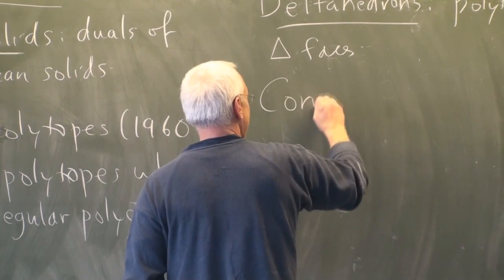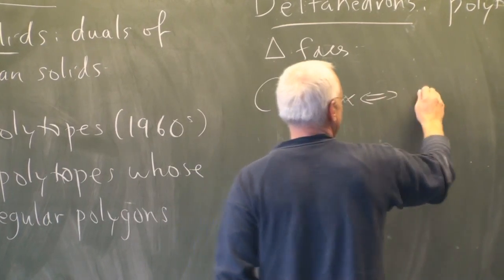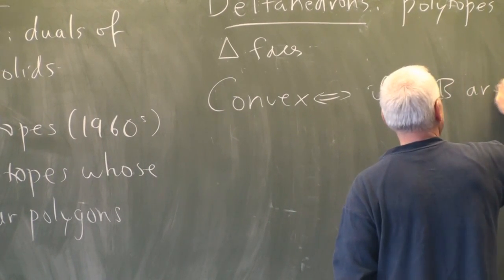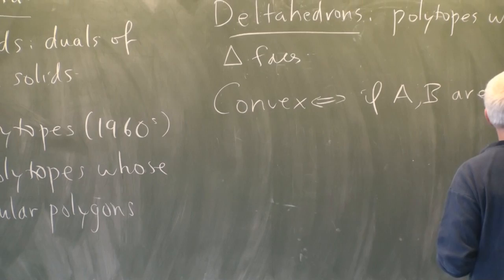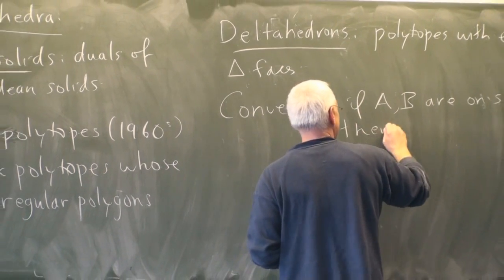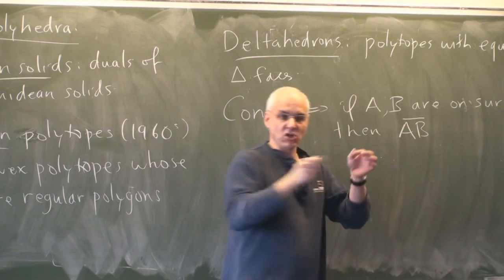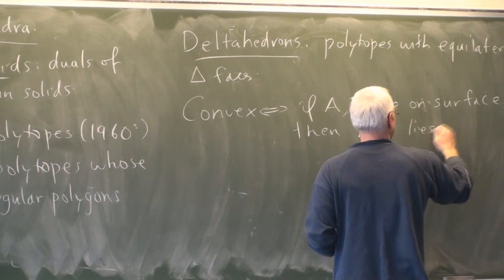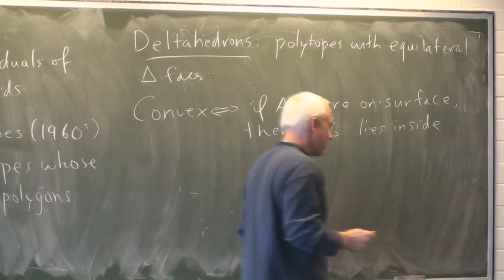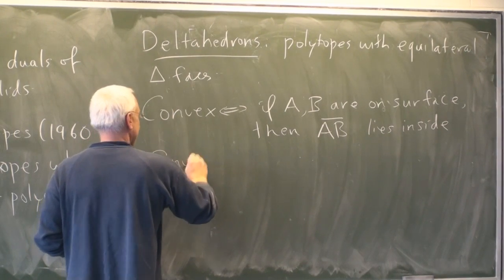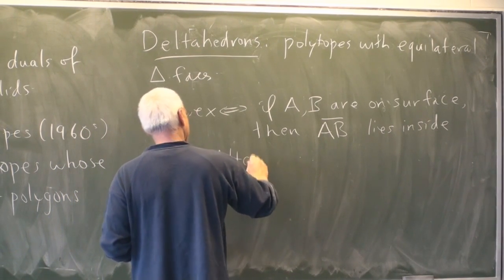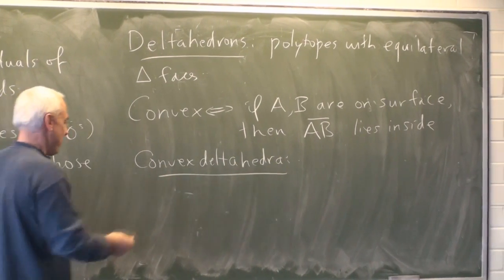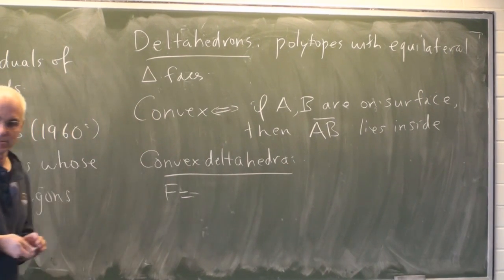I just remind you that convex means that if A and B are on the surface, then the line segment joining AB lies inside the surface. So it turns out that the convex deltahedra have the following possibilities for the number of faces.